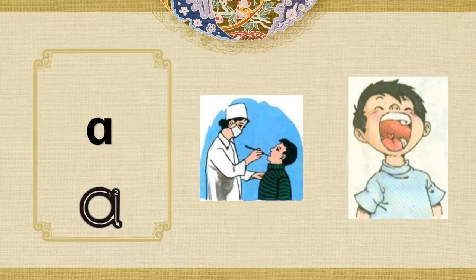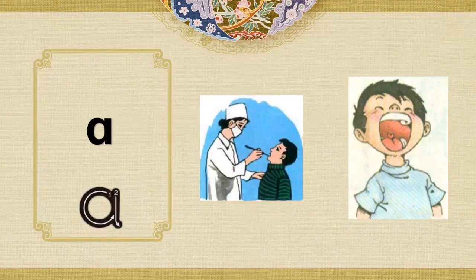This one is a little different from English. It sounds like the A when the doctor asks you to open your mouth and say A. Say after me. A, A, A. Just open your mouth as wide as you can, but not too crazy.